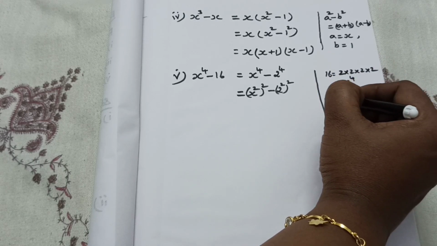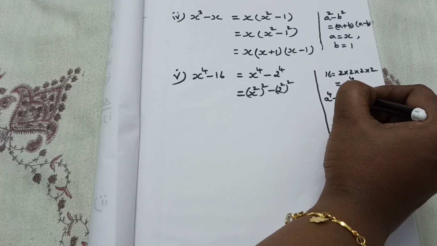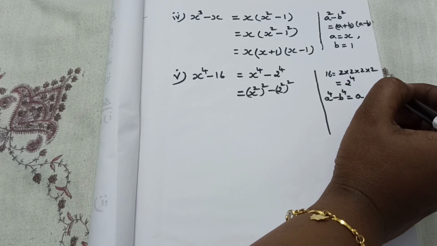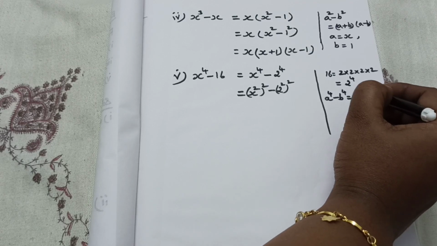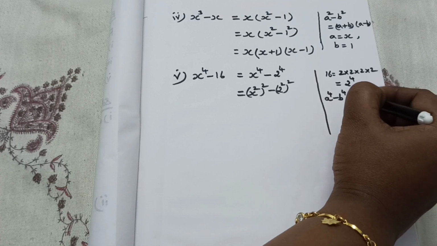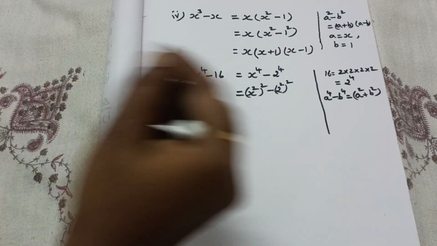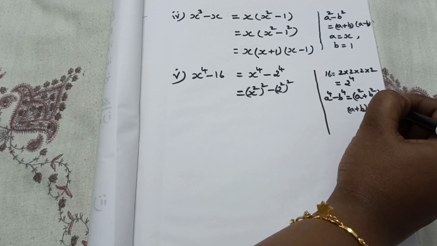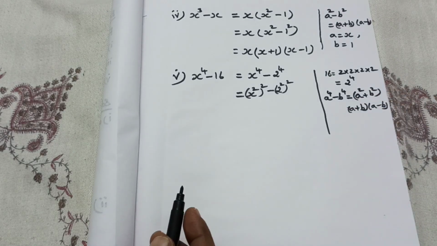A power 4 minus b power 4 is equal to, then which formula? A square plus b square into a plus b into a minus b. Okay.